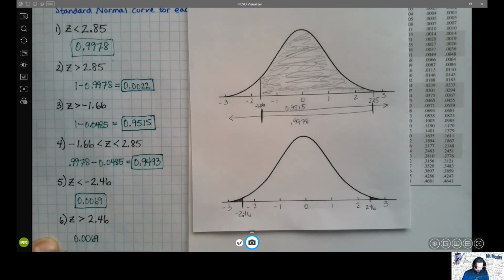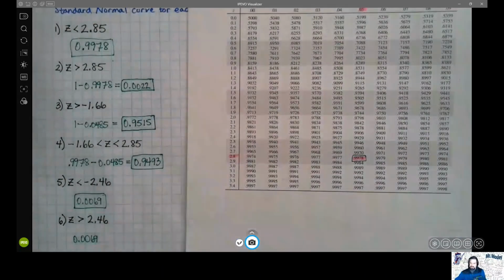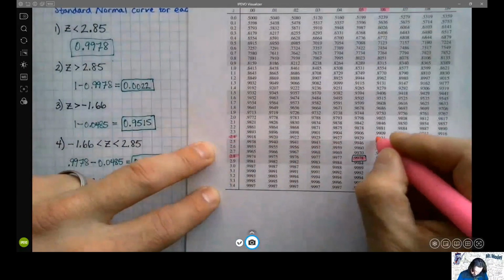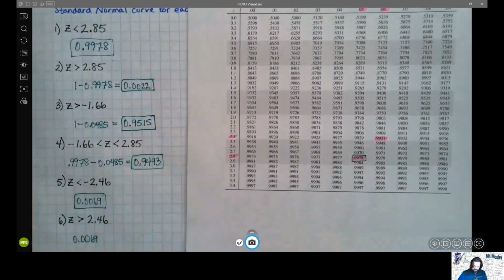We get 0.0069. Now we can check this. We can find 2.46 on our table. We find 2.4, 0.06, follow this over, and we get 0.9931.